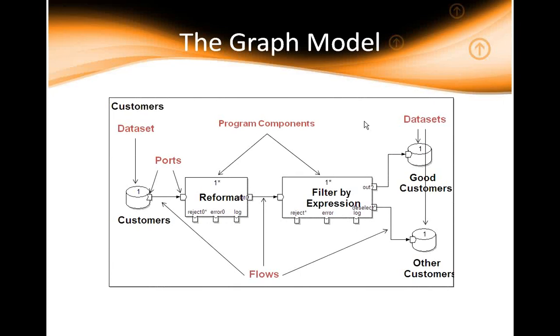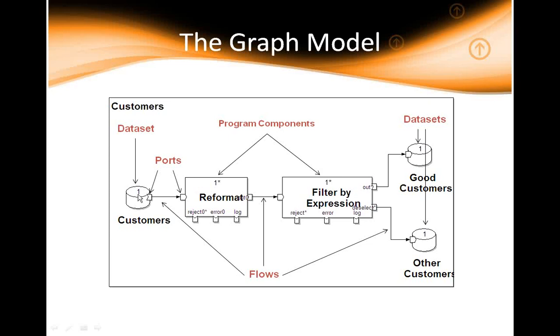In Ab Initio, whatever code we write, we call that a graph. In a graph, you are going to pull all your components.